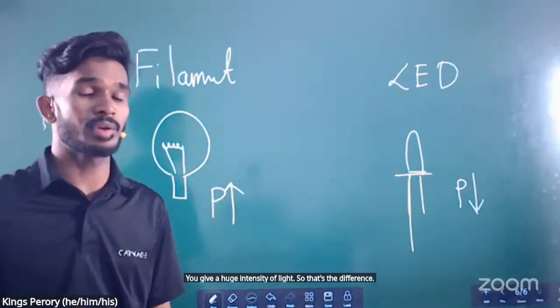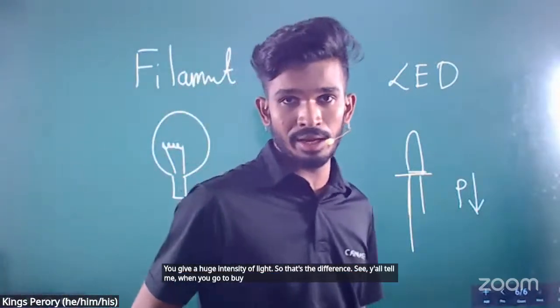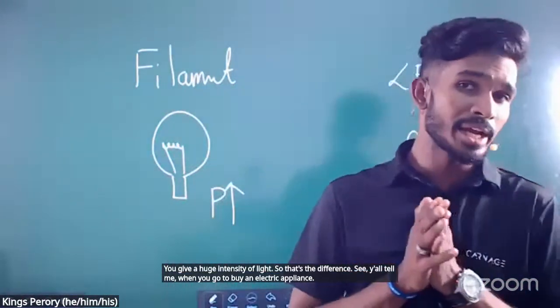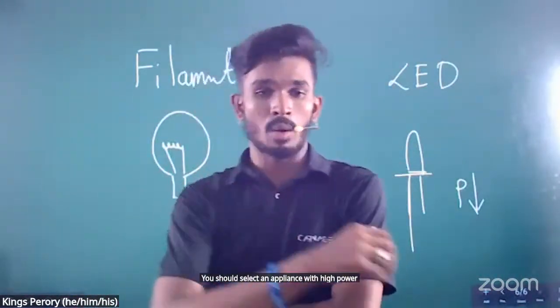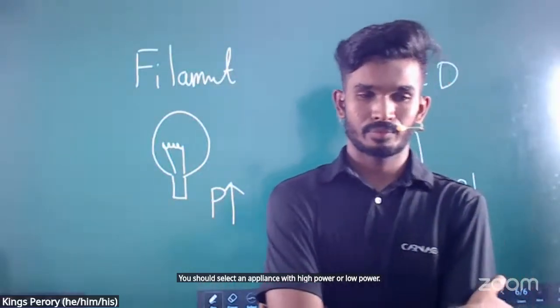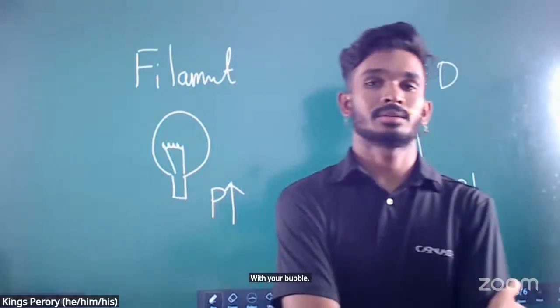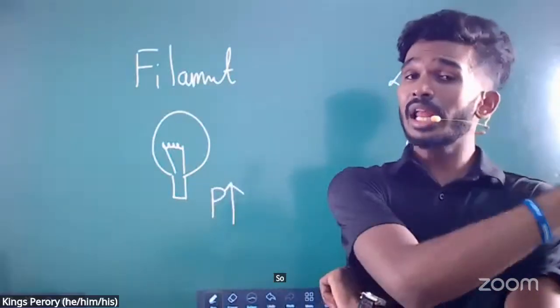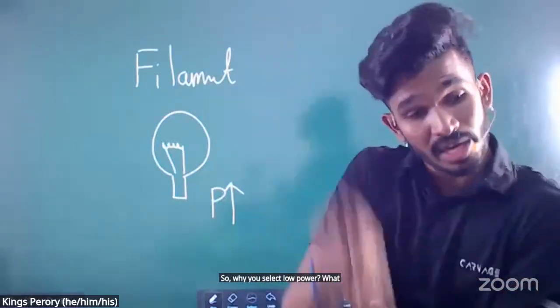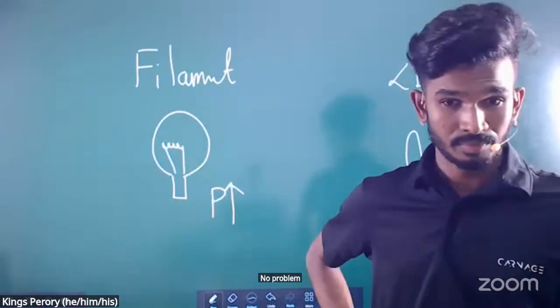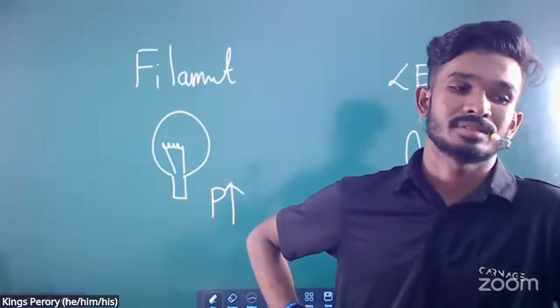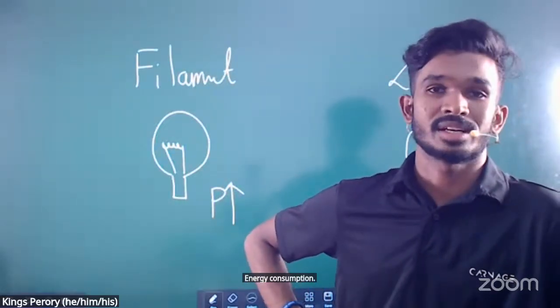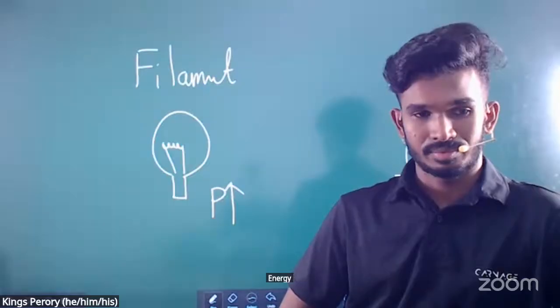So you all tell me, when you go to buy an electric appliance, should you select an appliance with high power or low power? Low power. Why do you select low power? What are you trying to reduce with low power? Energy consumption.